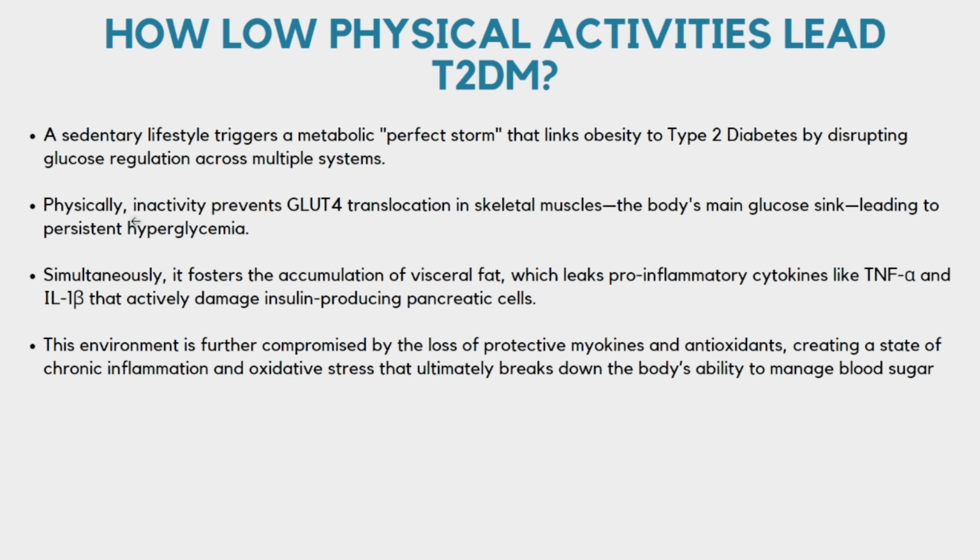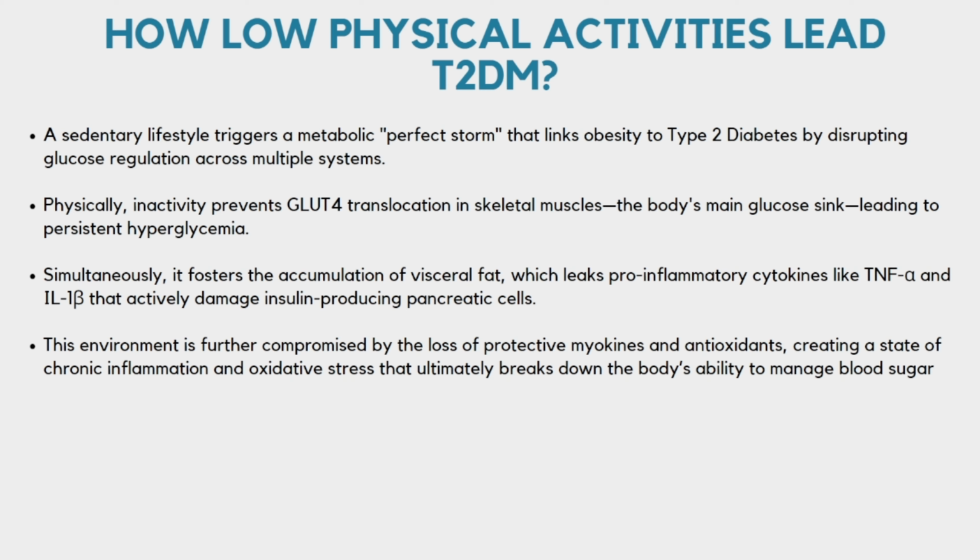Physically, in skeletal muscle, normally muscle is very important, as it is able to use the glucose. But now, because you are always sitting down there, your muscle is not moving, not working. So your muscle doesn't need to use the glucose.